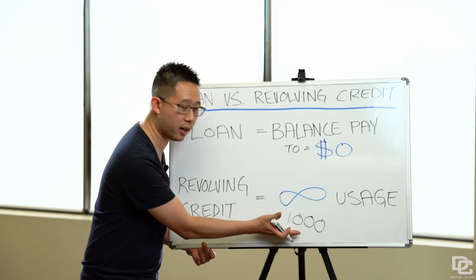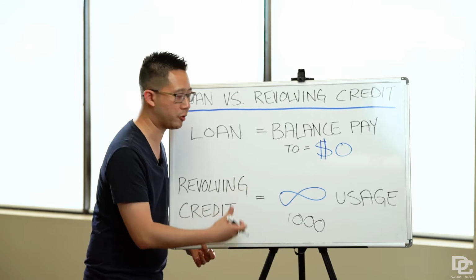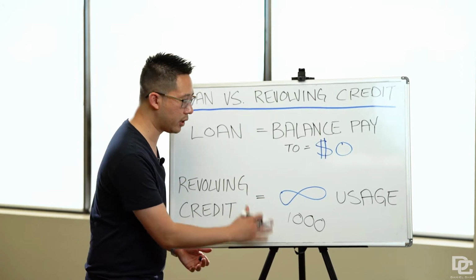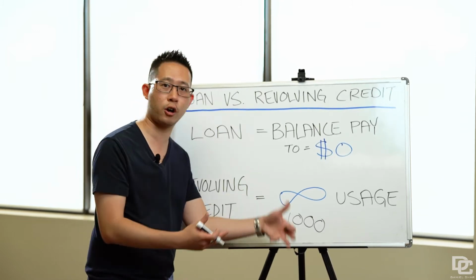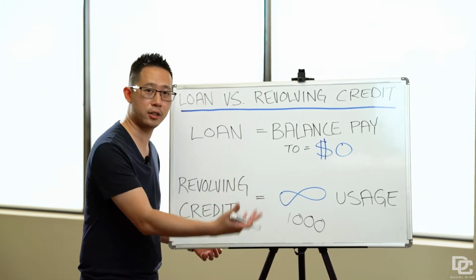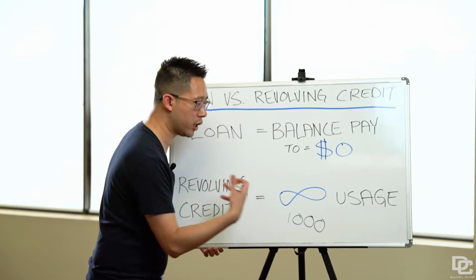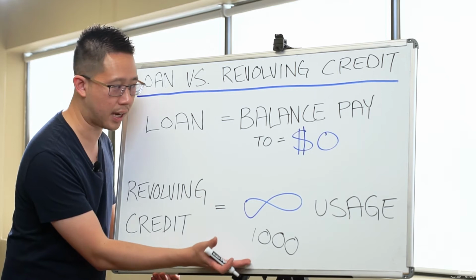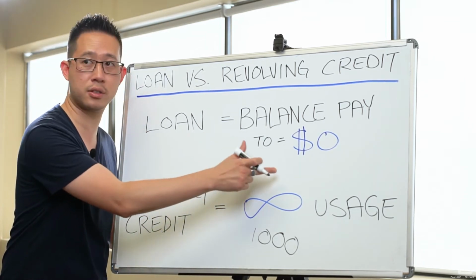As long as you pay off the $1,000, you can reuse it. And you could use this over and over and over, an infinite amount of times, okay? Until you close the card or your card expires, and then you will have to get a new one. So as long as you have this credit product, you can keep reusing that credit that was assigned to you. On a loan, you cannot do that. You have to pay it down to zero.